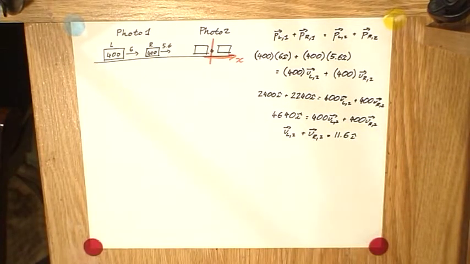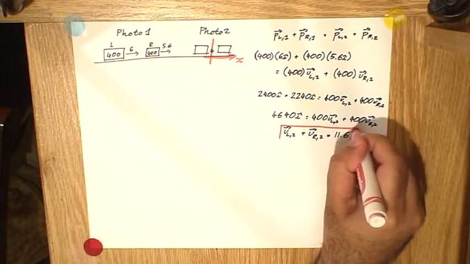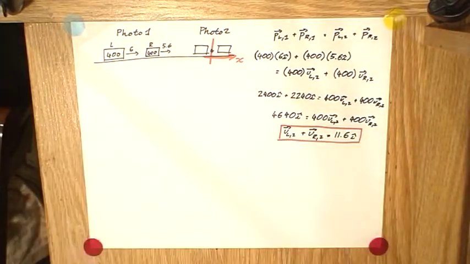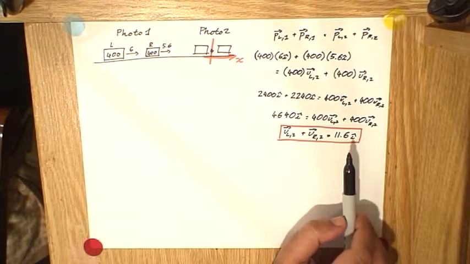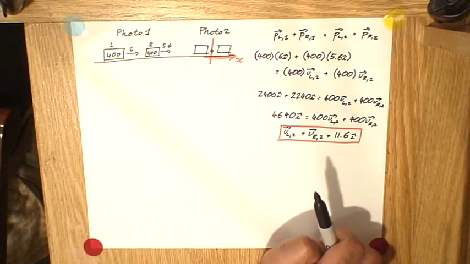So this is our first relationship between the two velocities after the collision. Conservation of momentum tells us that they have to add up to 11.6 i hat. But that's as far as we can go with conservation of momentum.